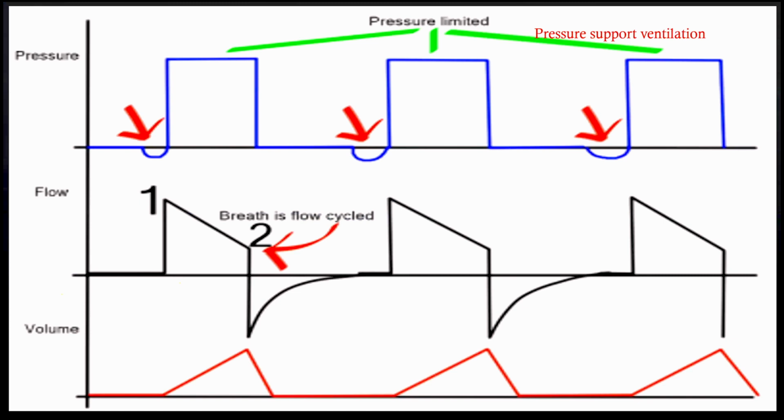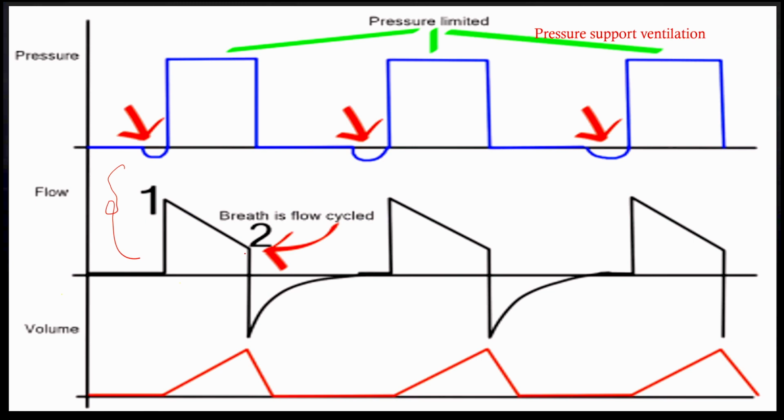Now, coming to the spontaneous mode of ventilation, which is nothing but pressure support ventilation, this is the pattern. Note the difference here. Though this is a decelerating pattern on the flow, you find that the baseline is not touched, because this is a flow cycled mode, not a time cycled mode, where during the phase of expiration there is no inspiration taking place.